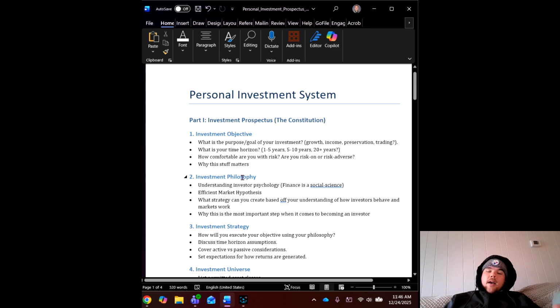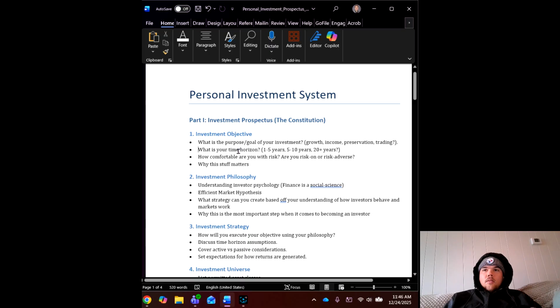And then, how comfortable are you with risk? Are you risk on or are you risk averse? When it comes to investing in the markets, I would say there's a lot of calculated risk. I think risk can be a good thing, but only if it makes sense.